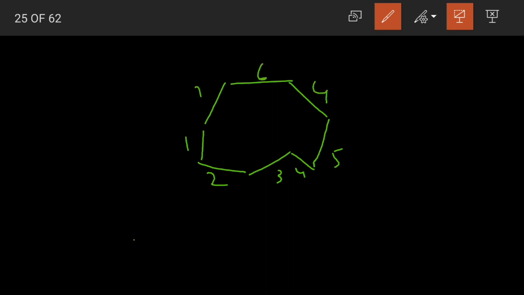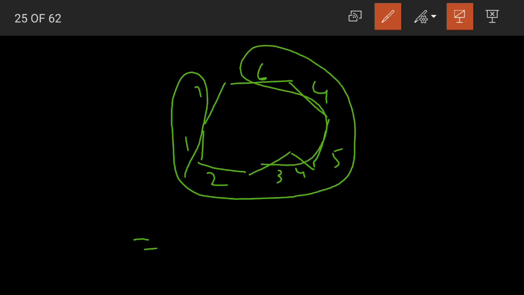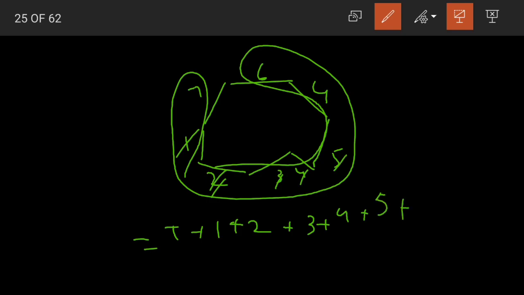When I ask you to find out the perimeter, what you should do is, perimeters are very easy. You just have to add all the lengths of the sides. See, 7 plus 1 plus 2 plus 3 plus 4 plus 5 plus 4 and plus 6.